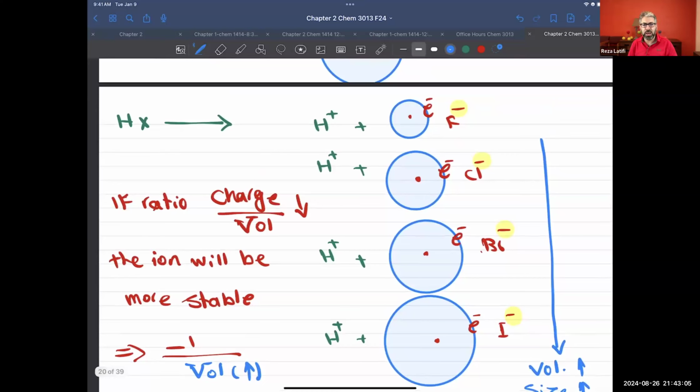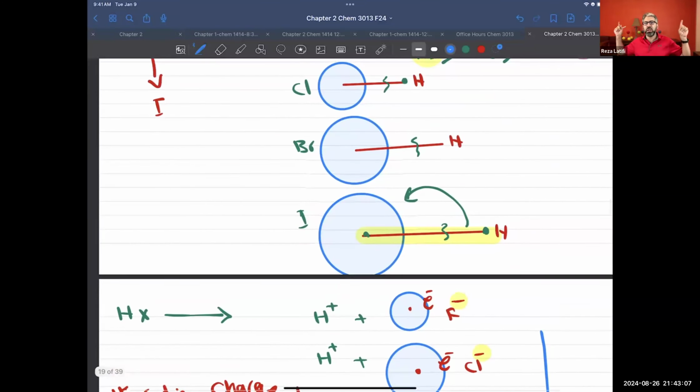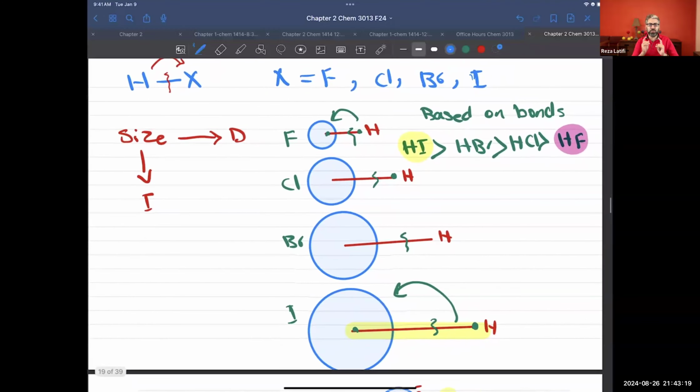That's one. Iodide has the longest bond. Breaking that bond will be easier, and because it's easier, it will cost us less energy. So two facts. One, I'm spending less energy to break it when it's a lengthy bond.